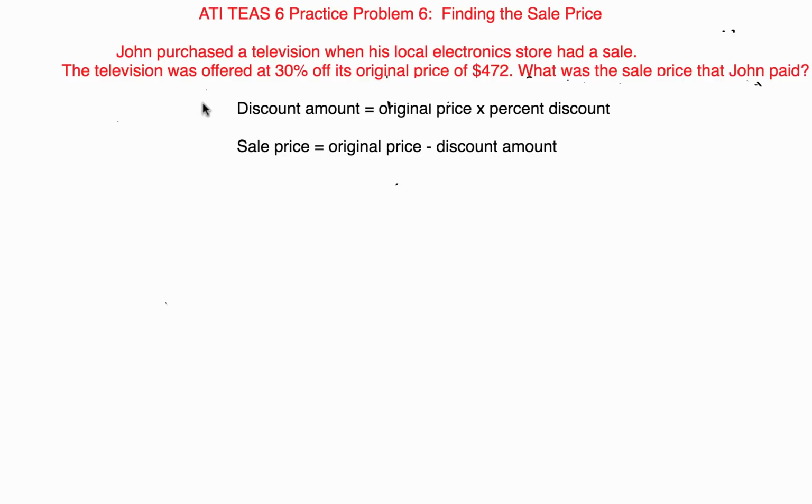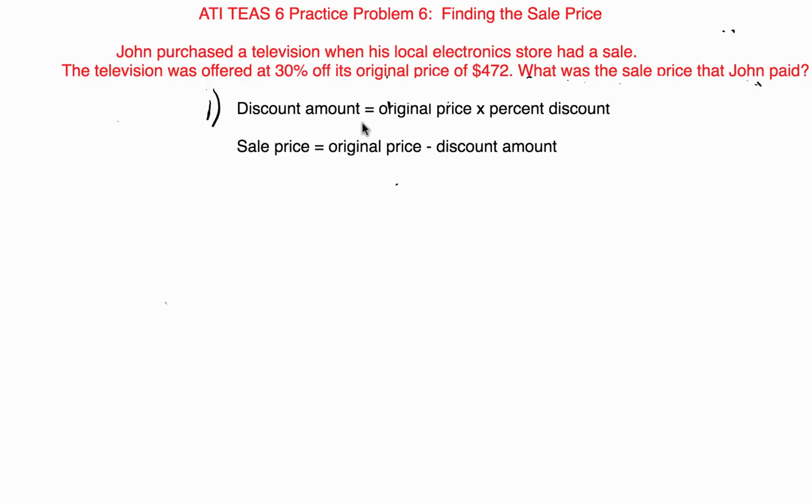We have two steps that we're going to take in order to find the sale price of this television. Step 1 is to find the discount amount. This is the amount that we are going to subtract from the original price.